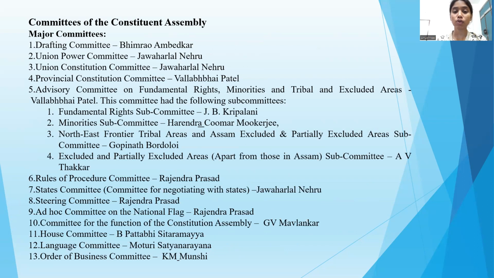This committee had the following subcommittees: Fundamental Rights Subcommittee, J.B. Kripalani; Minorities Subcommittee, Hirendra Kumar Mukherjee; North-East Frontier Tribal Areas and Assam Excluded and Partially Excluded Areas Subcommittee, Gopinath Bordoloi; and Excluded and Partially Excluded Areas Subcommittee other than those in Assam, A.V. Thakkar.